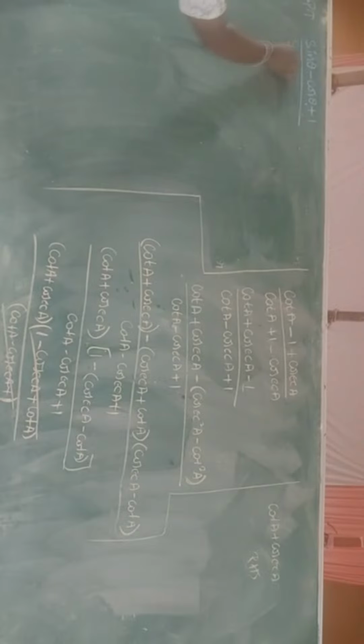Prove that sin theta minus cos theta plus 1 divided by sin theta plus cos theta minus 1 is equal to 1 upon sec square theta.